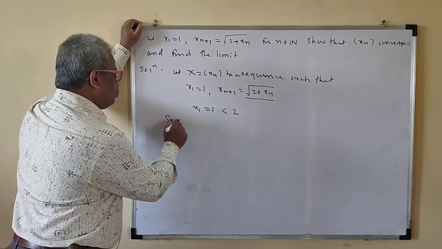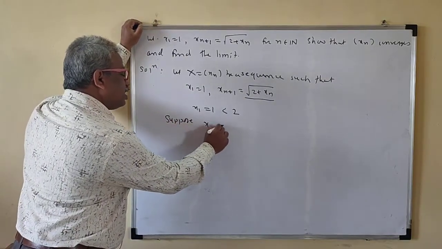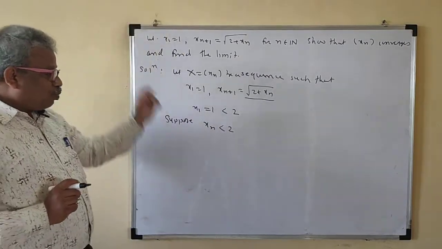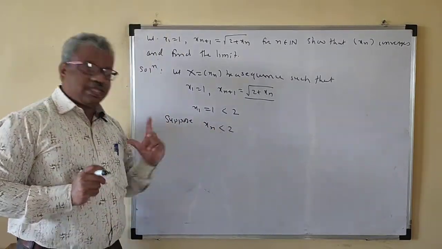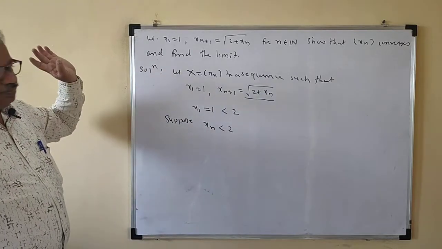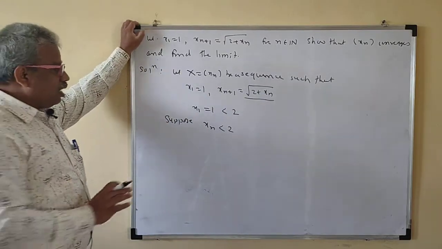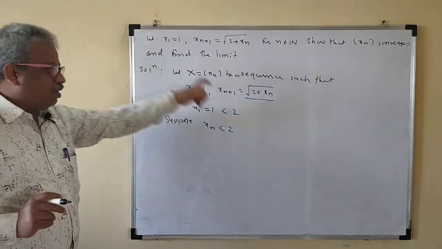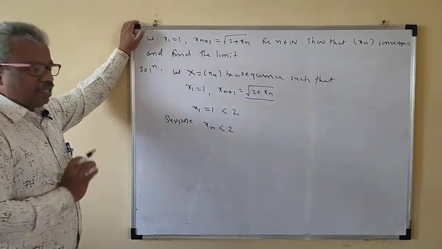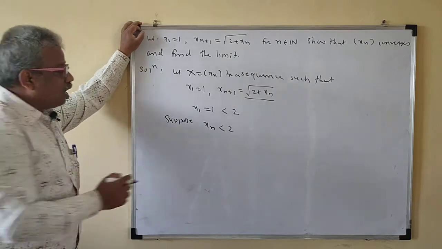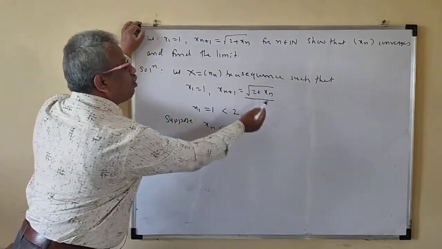Suppose xn is less than 2. If you prove that xn plus 1 is also less than 2, then we are through now. Right? Then 2 will be the upper bound of the set. Here 2 plus xn is in the root, so I have taken that as 2 now. So I want here xn plus 1. That means I want here what?